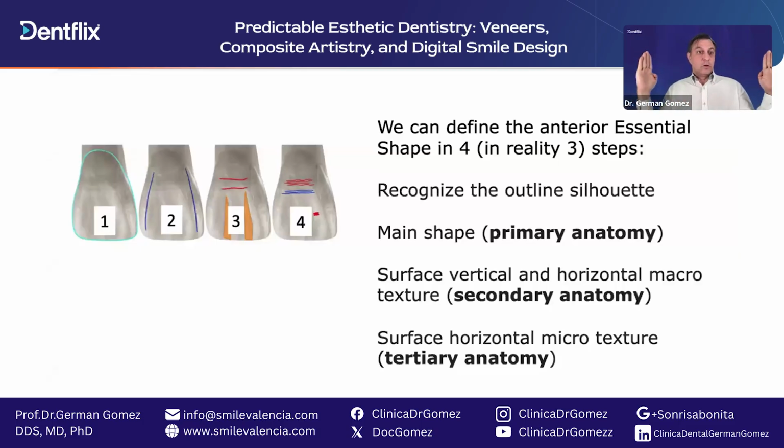So we have a determined space because it has to touch the other teeth, but we can make it look smaller, although it touches the other teeth and has contact points, by moving these lines here. Then we have the secondary anatomy, which is the vertical and the horizontal macro texture. And then we have the tertiary anatomy, which is the surface micro texture.